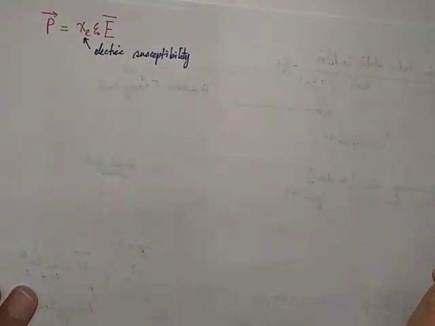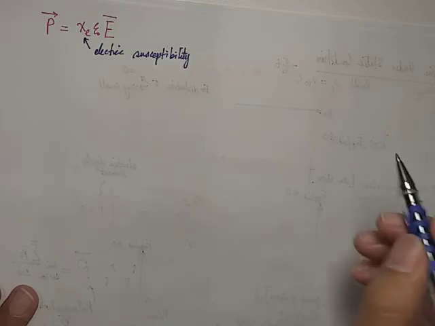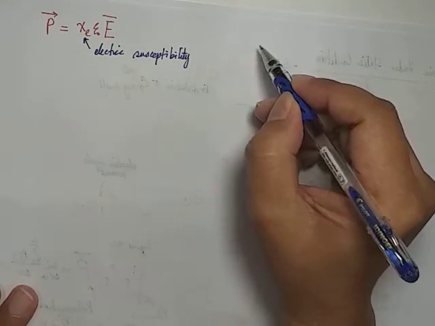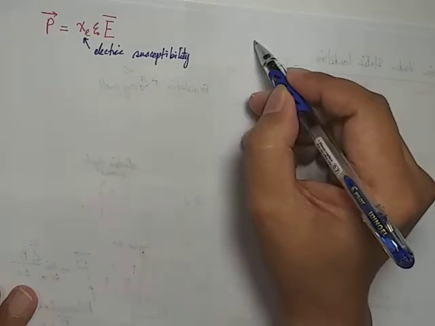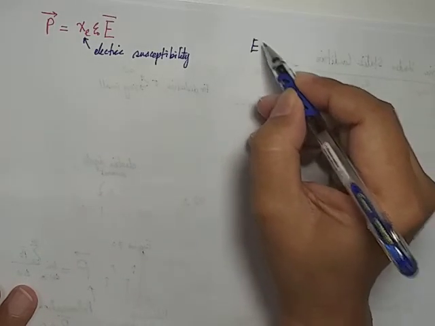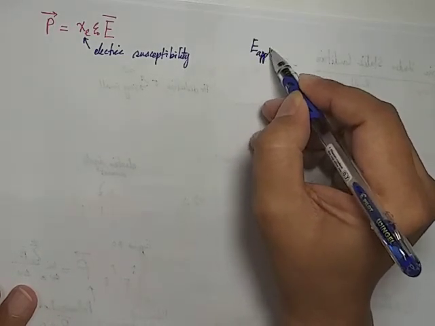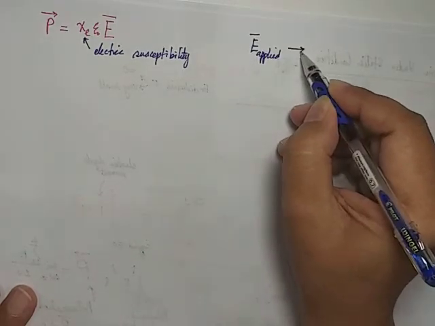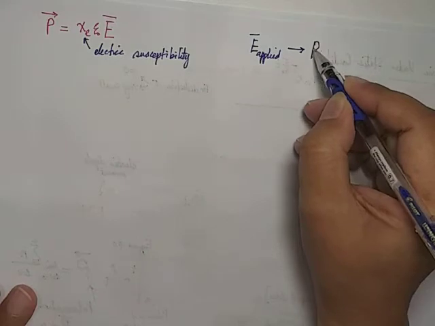So then what will happen in the discussion? We're going to summarize what we have done so far. When the dielectric material is exposed to the electric field, E applied, it produces what is known as the polarization vector.